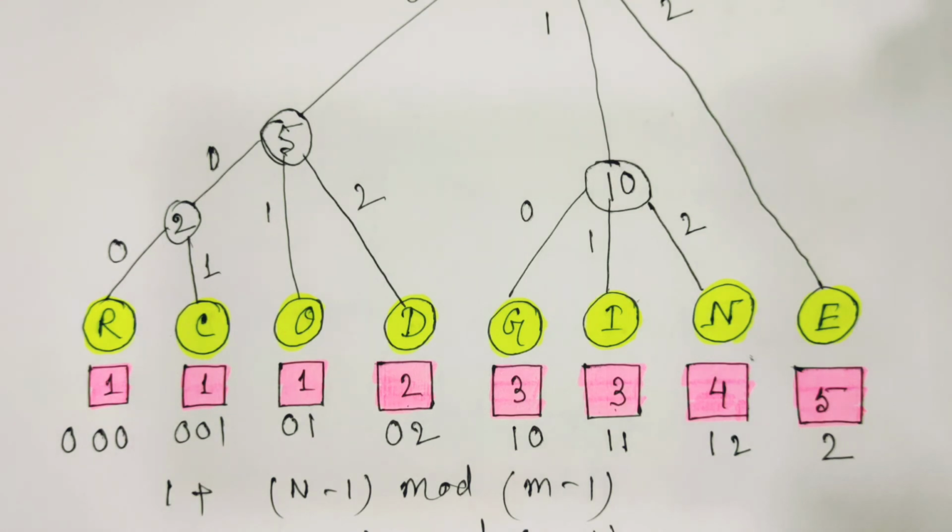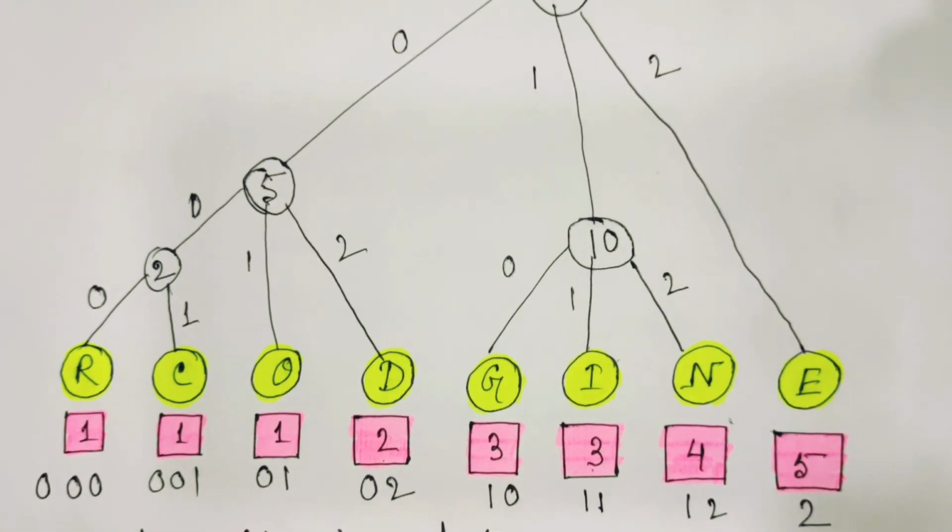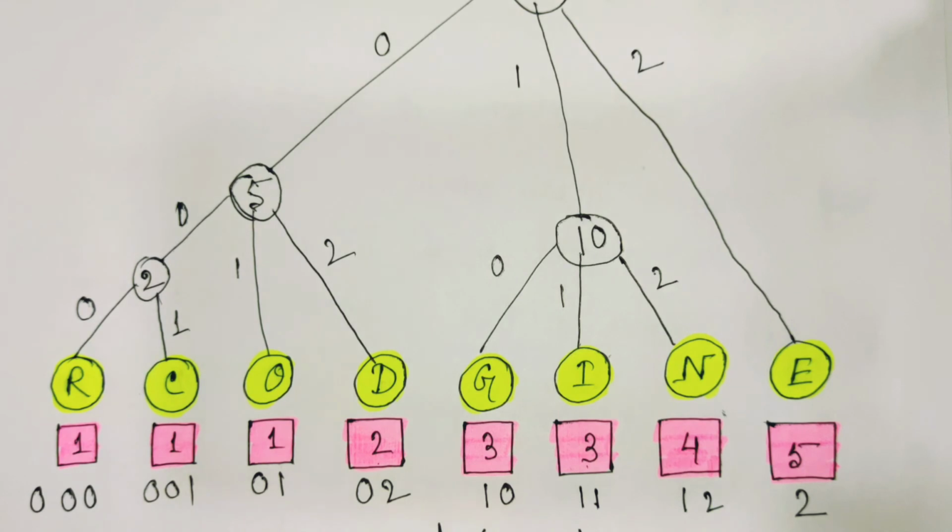So definitely we use much less memory allocation than the binary tree consideration when we take the prefix code. In this way the prefix code can be used, and we can encode any given statement and send it to anyone for security or privacy purposes.